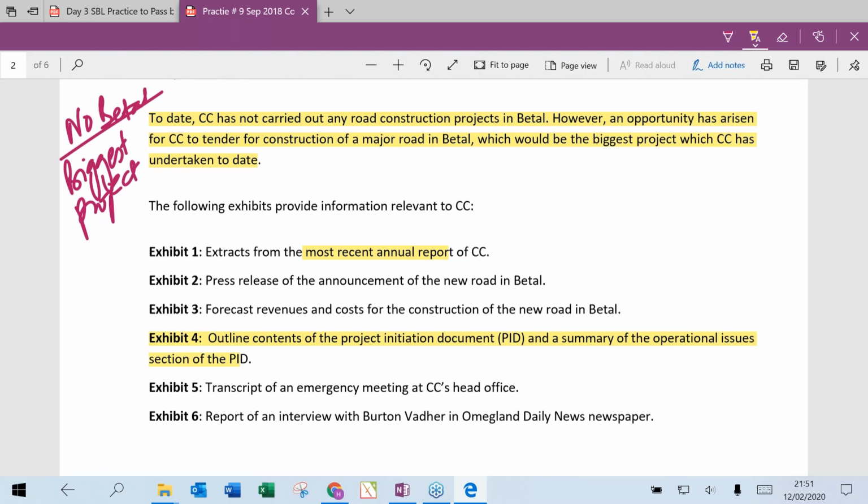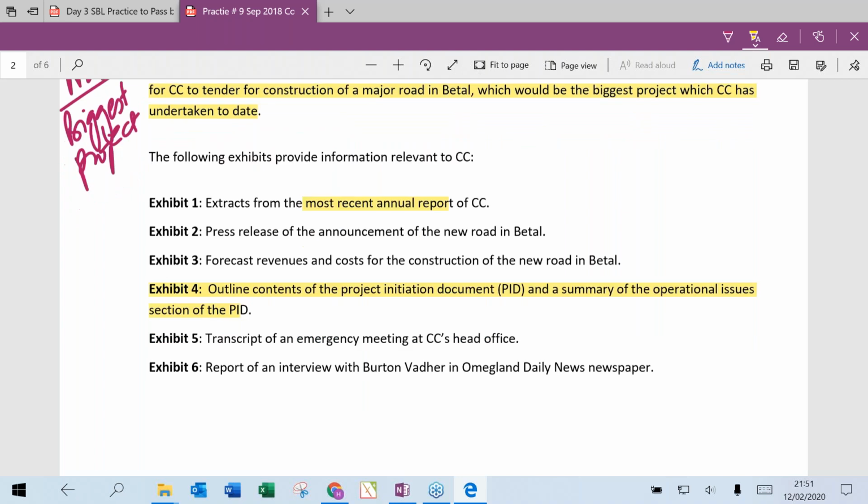I repeat, Exhibit 4 is contents of a project initiation document and a summary of the operational issues section of a PID. Exhibit 5 is a transcript of emergency meeting at CC, and Exhibit 6 is a report of an interview. So for this particular question, I believe this exhibit is important.